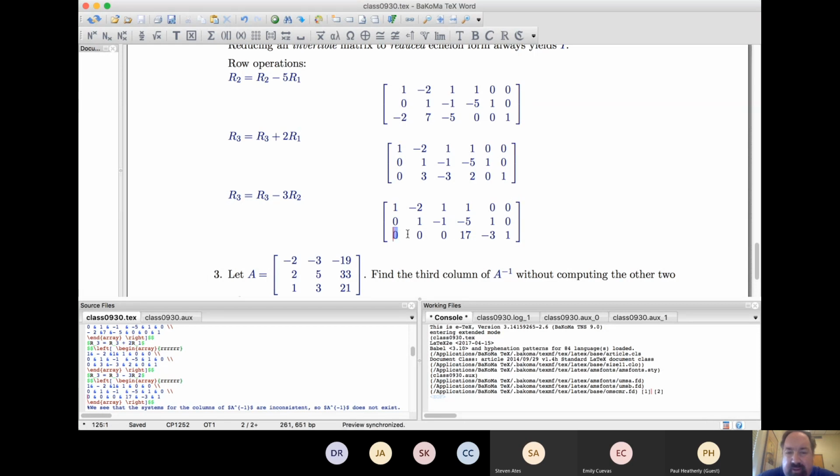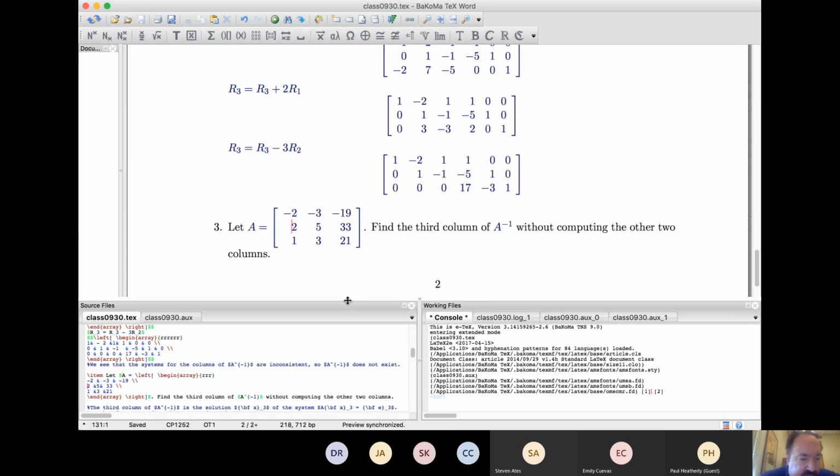But here we have a problem. All zeros, that cannot happen. So we're not able to get reduced echelon. Well, we can get reduced echelon form, but we're not going to get the identity matrix over here. It's just not possible. So at this point, the whole process breaks down.